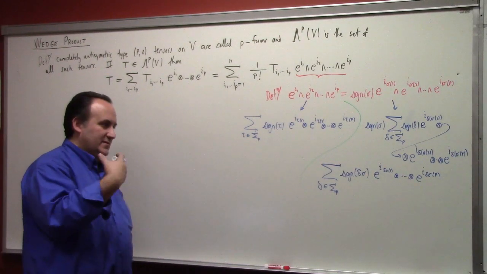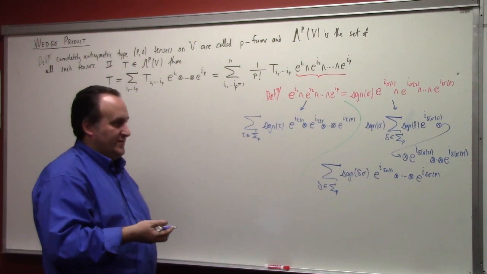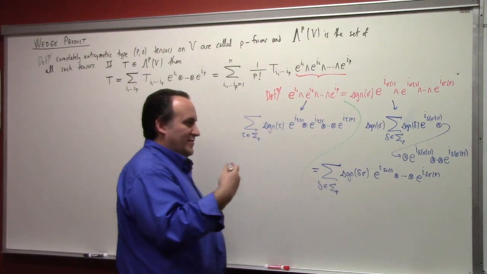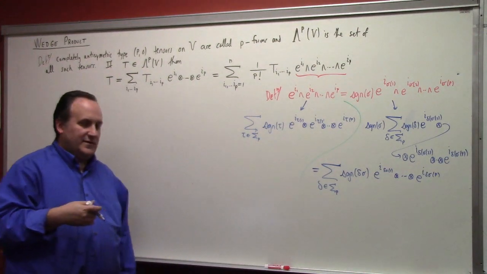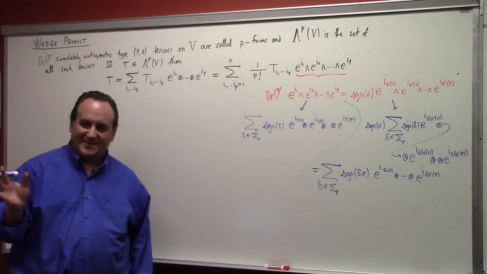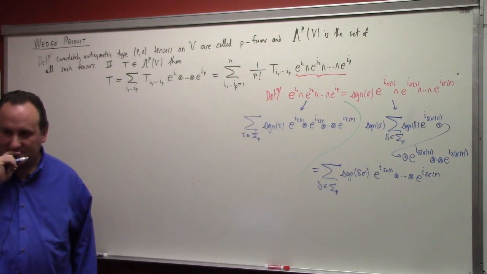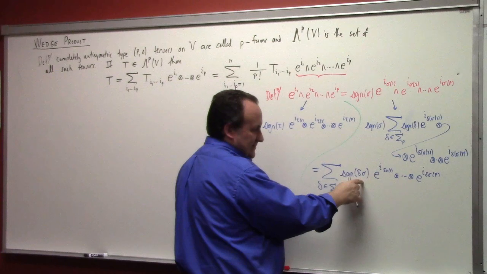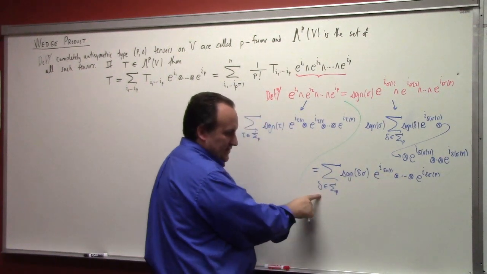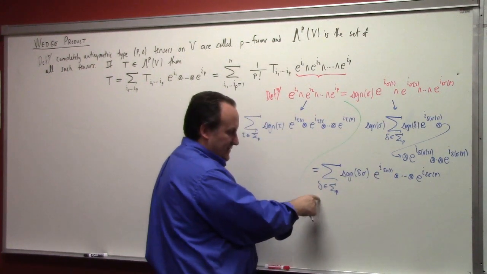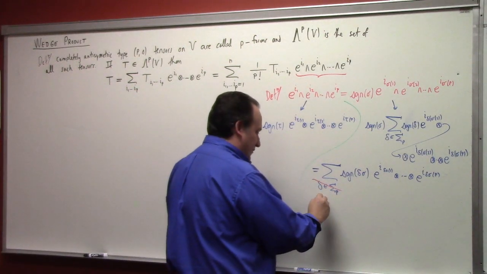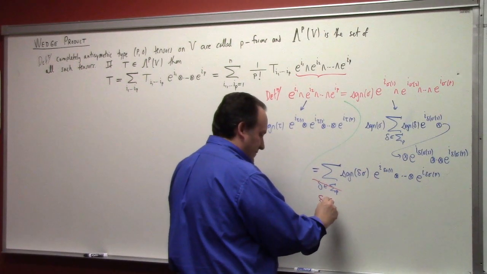At this point, we appeal to a somewhat well-known but annoying combinatorial claim, which is that if you have a sum over all possible permutations, then this summation over sigma or delta is the same.